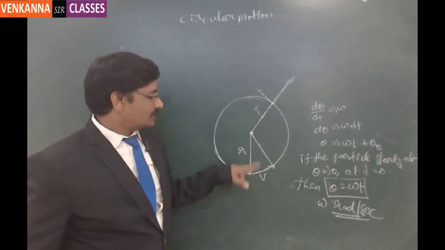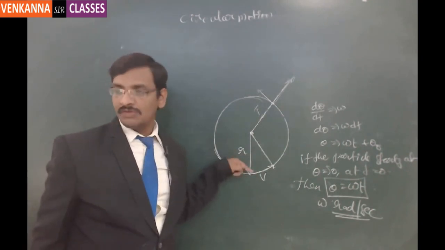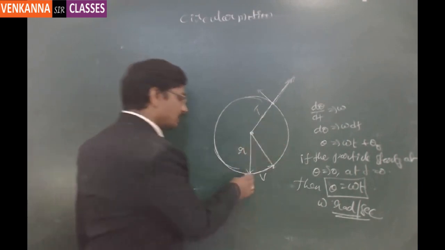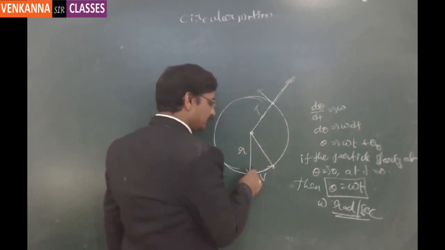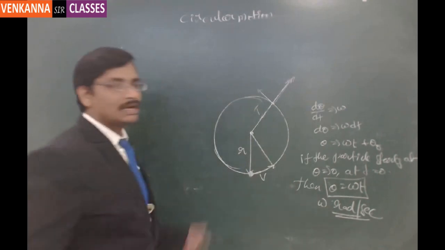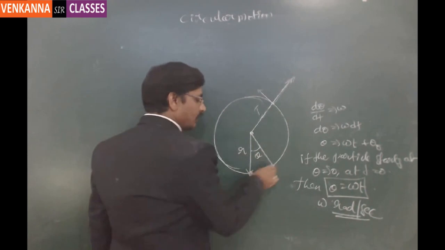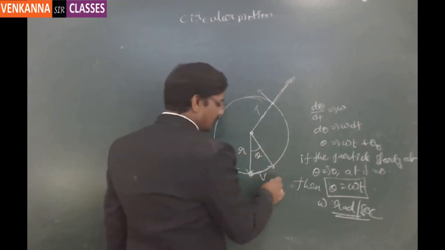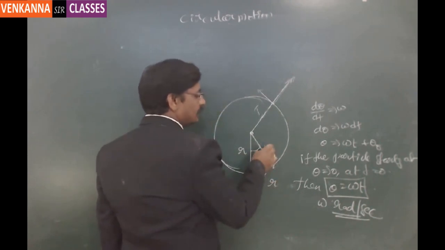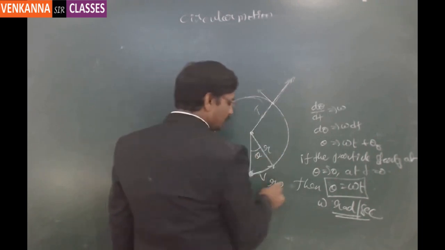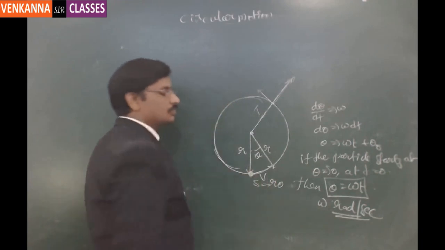Now if you want to establish the relation between the angular velocity and the linear velocity on the periphery, the particle is trying to move in this direction, right? Within a time of t, it is covering an angle of theta and a distance of r theta, where r is the radius of the circle and theta is the angular displacement. R theta is the arc length that it is going to cover.